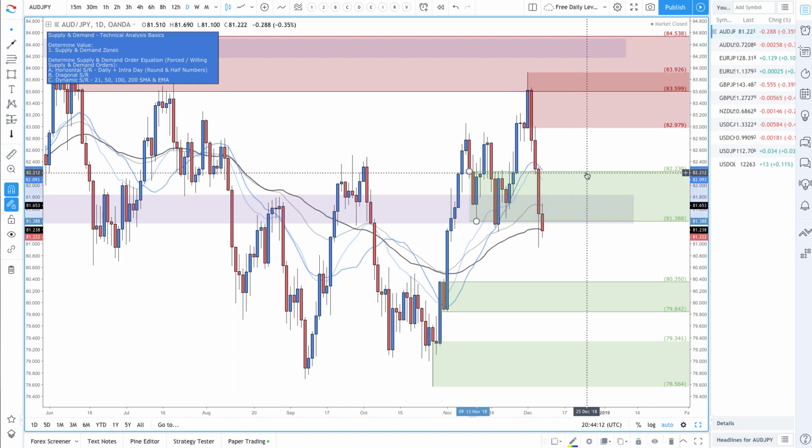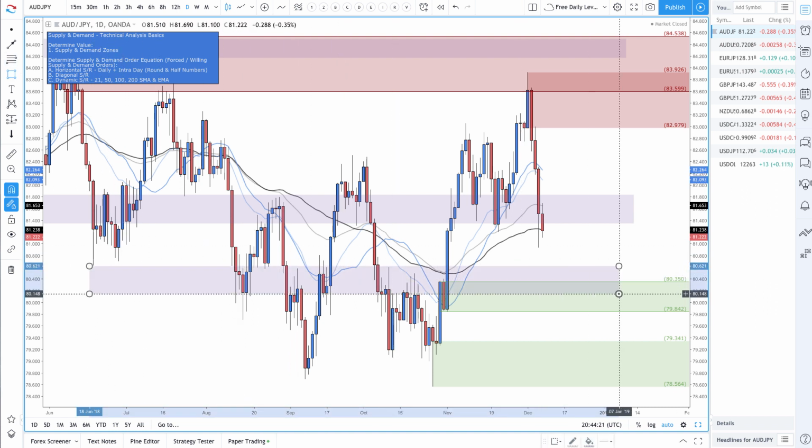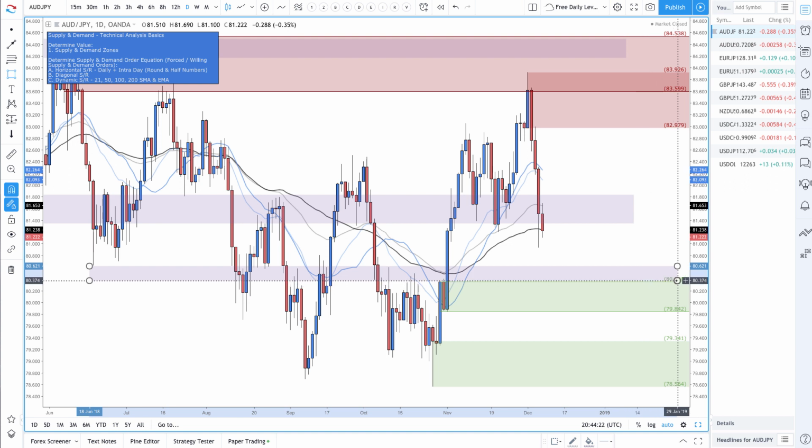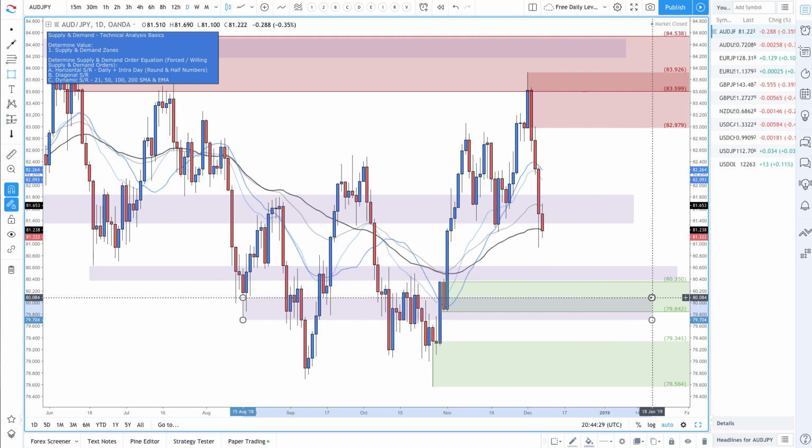And let's look at any support and resistance areas. Let's delete this. I think within this top area there's probably something around here that's going to be the best.